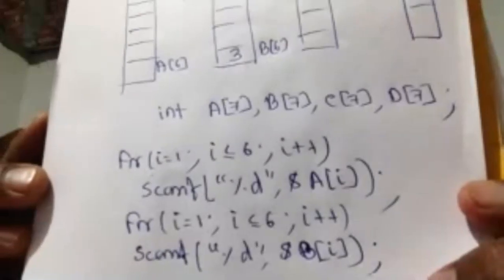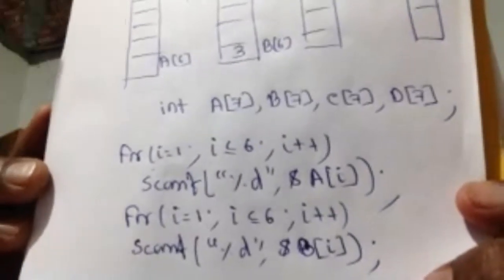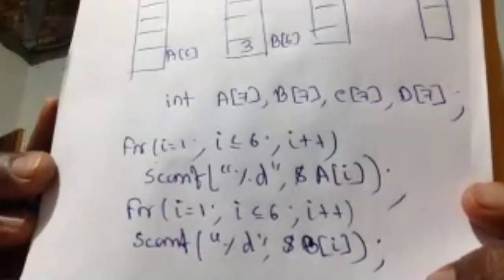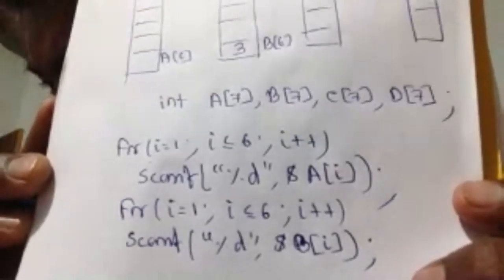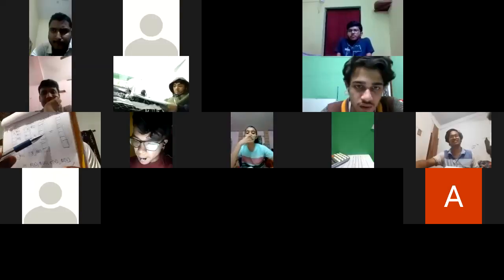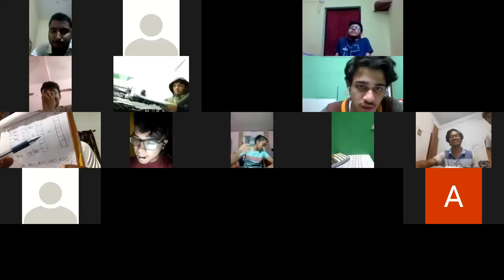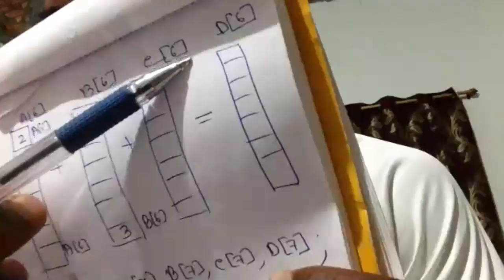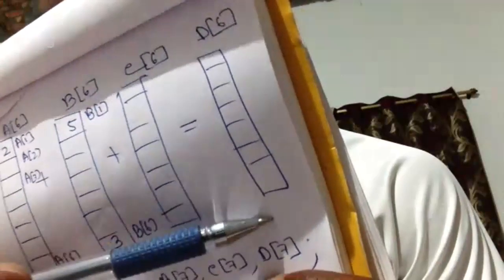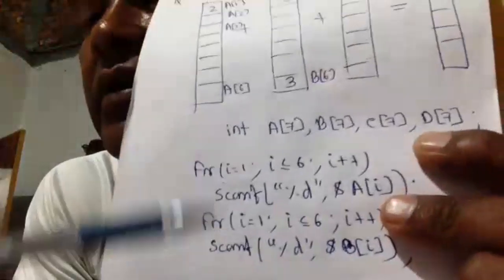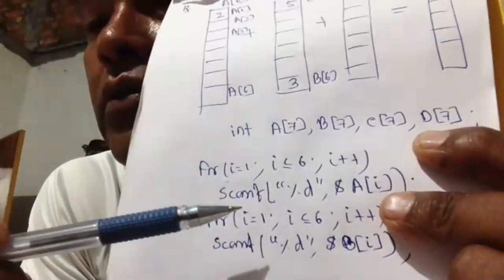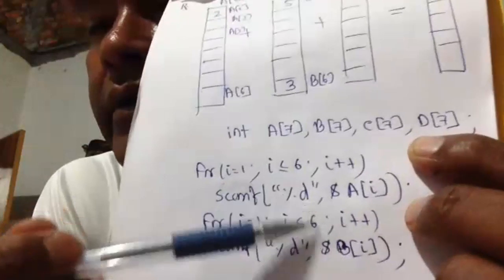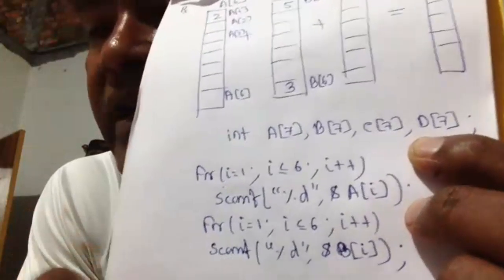So the first two statements are for input A, the second two statements for input B. How many arrays do we have? A, B, and C. So we have input how many? 2, A and B. That means I have to repeat it again for C.